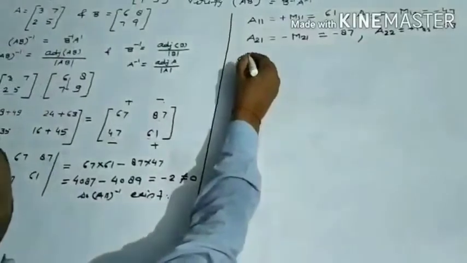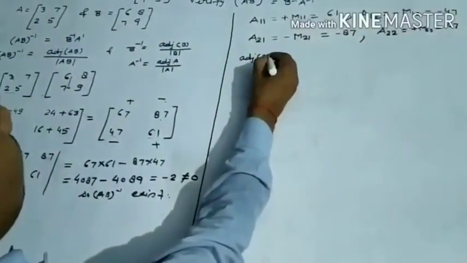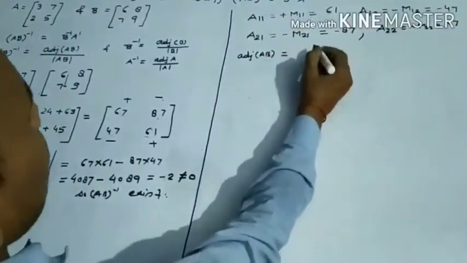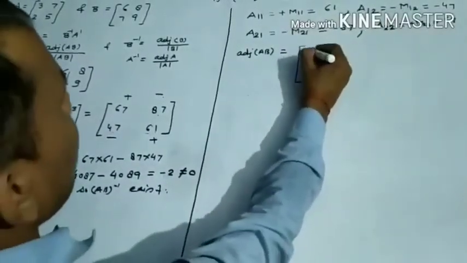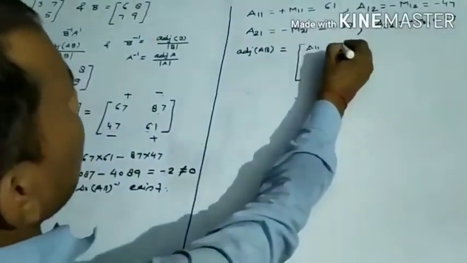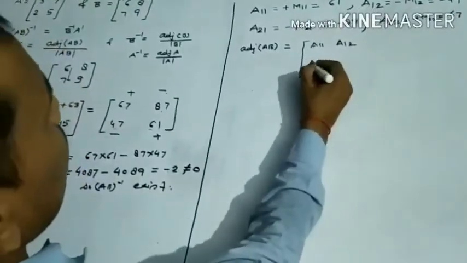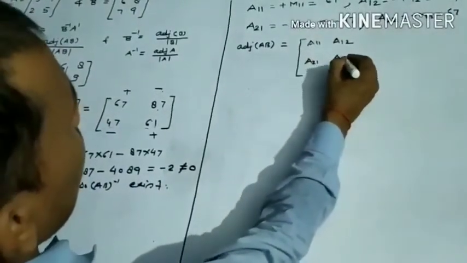So adjoint of AB is equal to the transpose of [A11 A12; A21 A22].